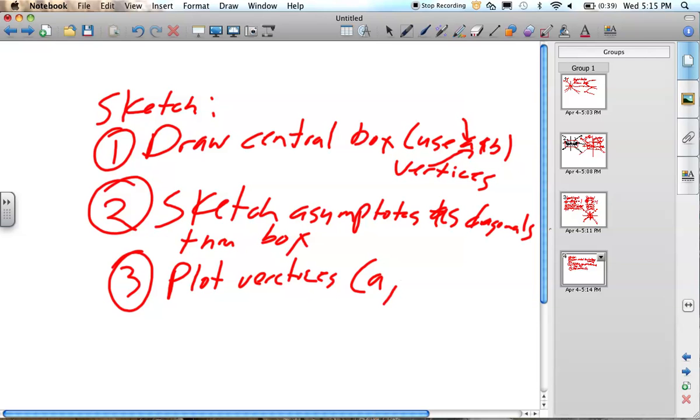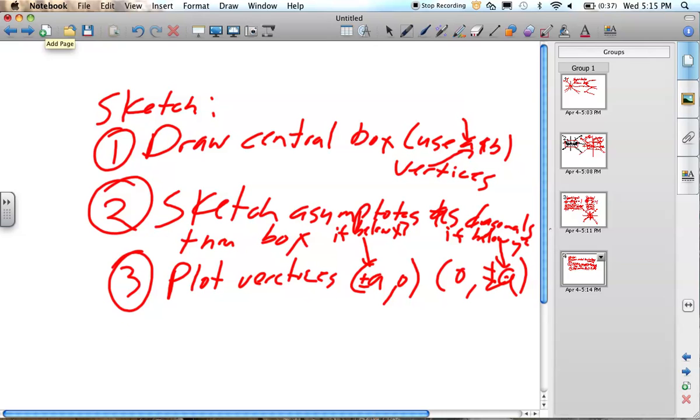These will either be plus or minus a, 0 or 0, plus or minus a. Again, depending upon if it's below x squared, it's this one. This is if below y squared. And then finally, draw the branches.